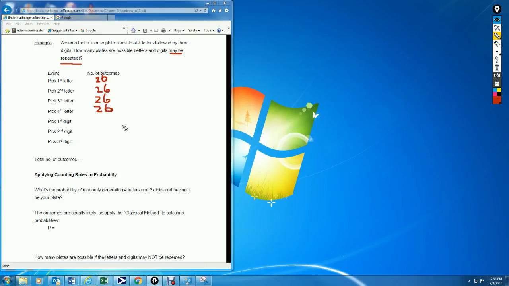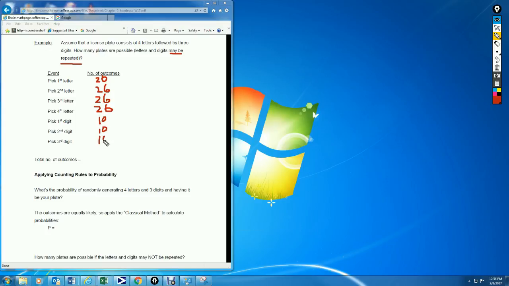Pick the first digit. How many digits are there? And the answer is not 9 because you have to include 0. 0, 1, 2, 3, 4, 5, 6, 7, 8, 9. There are actually 10 digits. Pick the second digit, I can repeat.